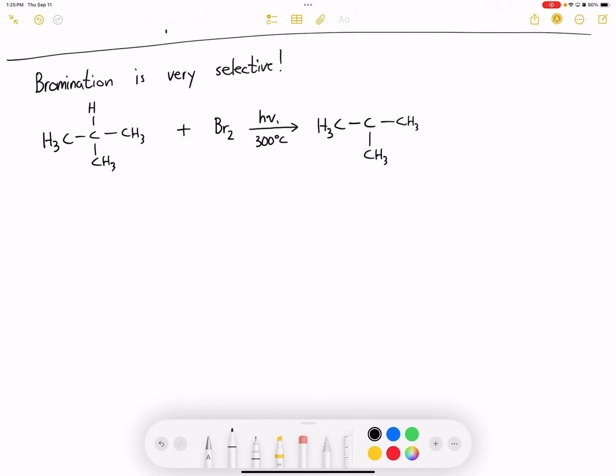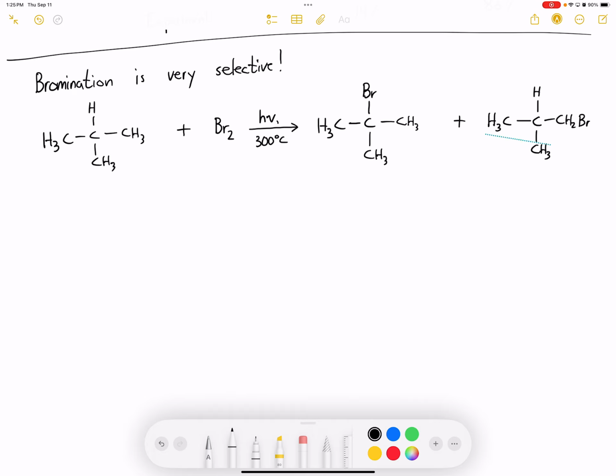So we have trimethyl, and then bromine right there, and then CH2Br.